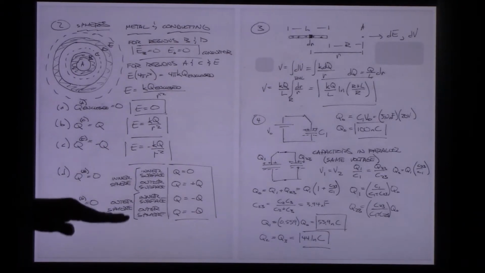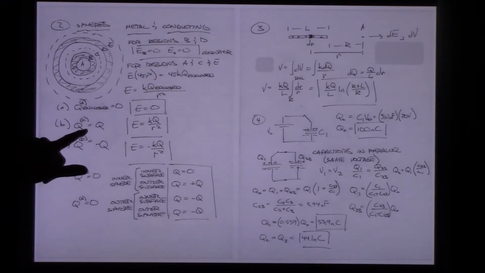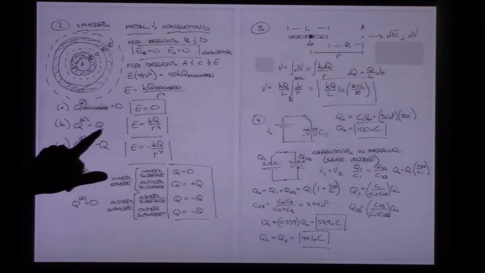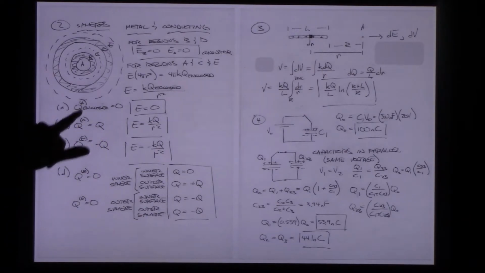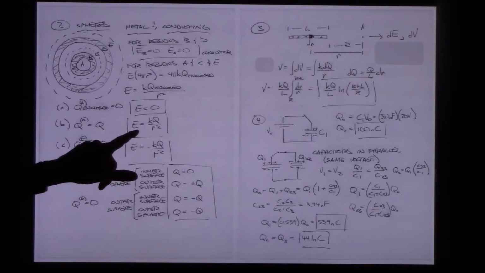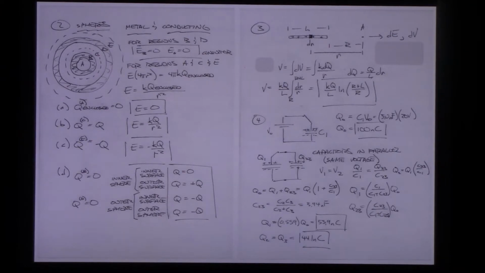We'll come back to regions B and D. So I guess we're going to jump ahead to region C. If I move into region C, I will have an enclosed charge of Q. And so all of these are enclosed charges: enclosed charge A, enclosed charge C, enclosed charge E. That tells us that in region C, the electric field is kq over r squared. In region E, it's going to be negative kq over r squared.